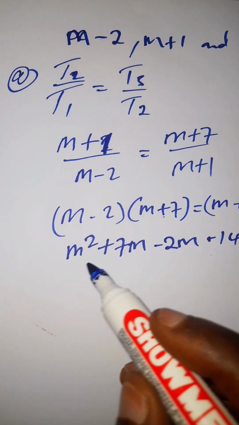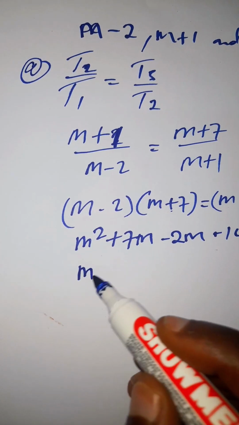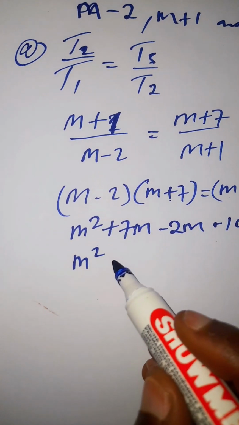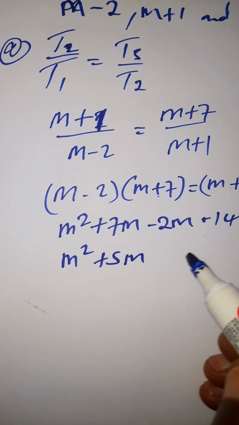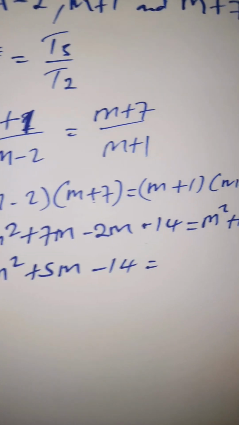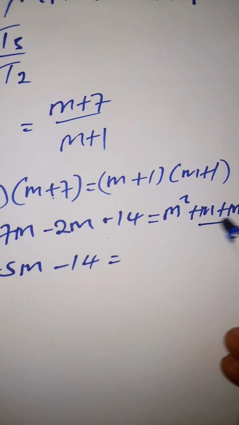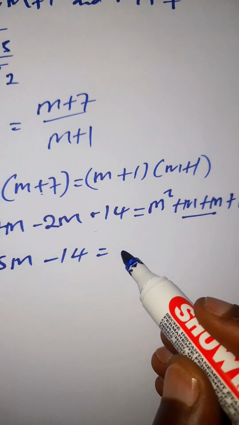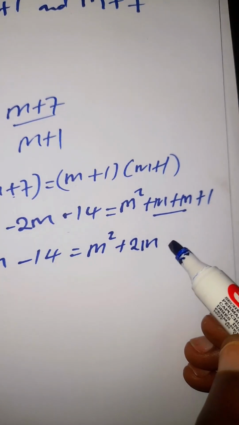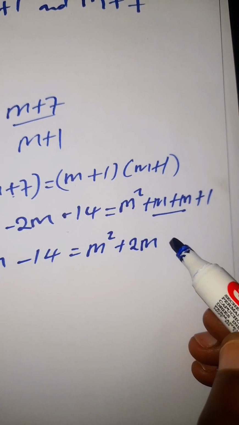Okay, we have like terms on the left hand side. So m squared, 7m minus 2m is just positive 5m, minus 14, is equal to this side. We also have like terms here, m plus m, so we have m squared plus 2m plus 1.